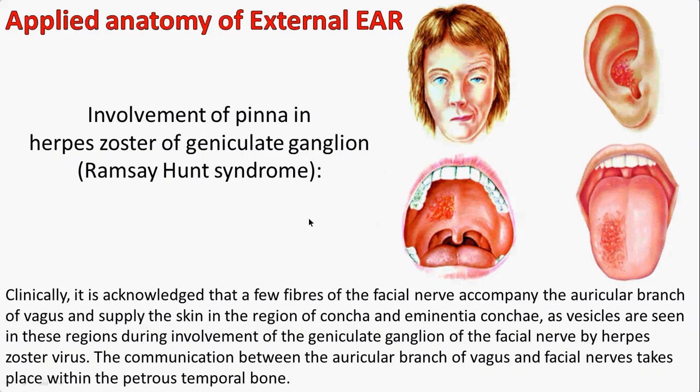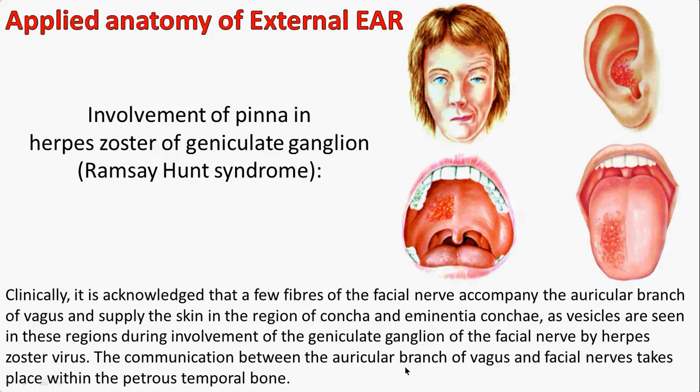One of the syndromes is called Ramsay-Hunt syndrome, in which there is involvement of the geniculate ganglion by herpes zoster. Clinically, the facial nerve is accompanied by the auricular branch of the vagus, and the geniculate ganglion of the facial nerve is involved by the herpes zoster virus.